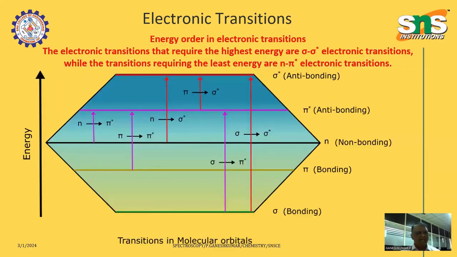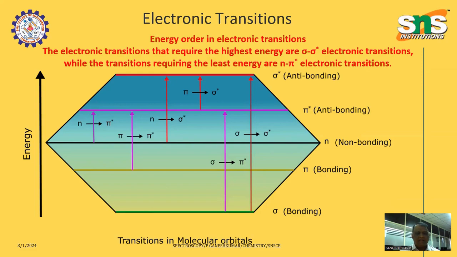The energy order in electronic states is represented here. The electronic transition that requires the highest energy is sigma to sigma star, while the transition requiring the least energy is n to pi star.